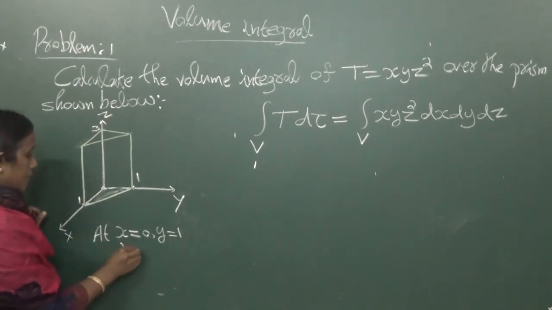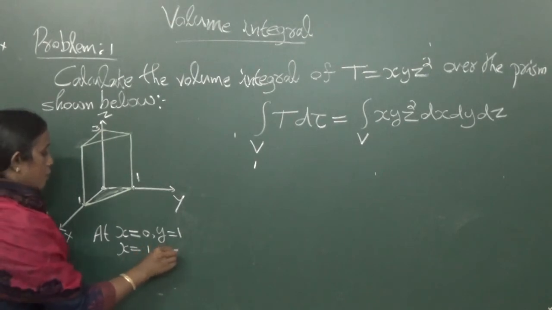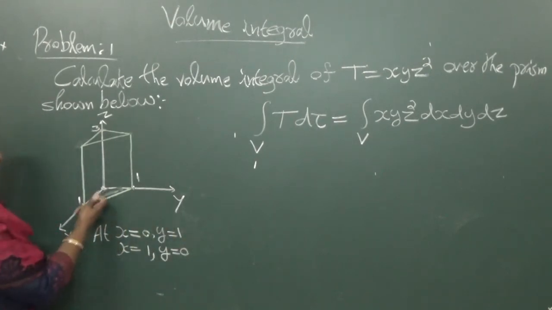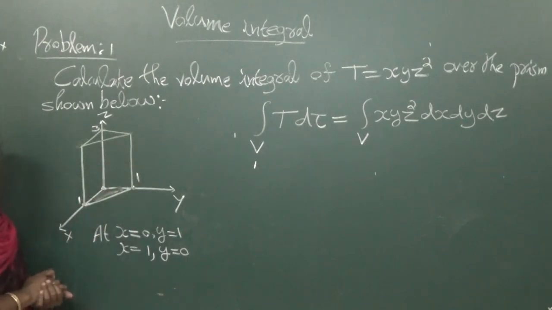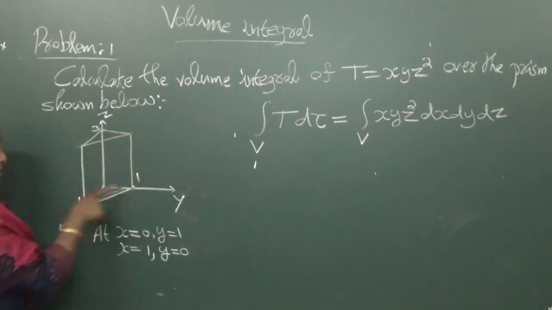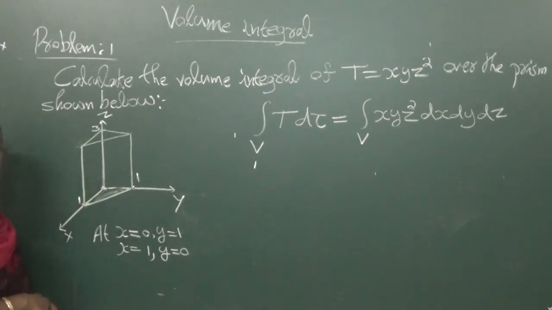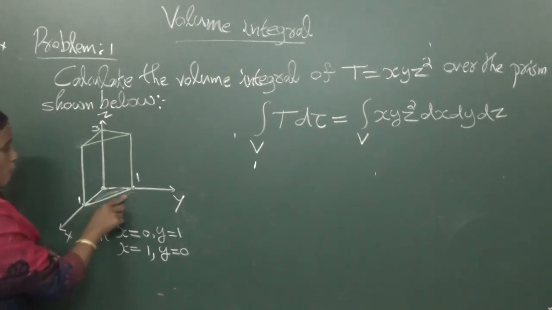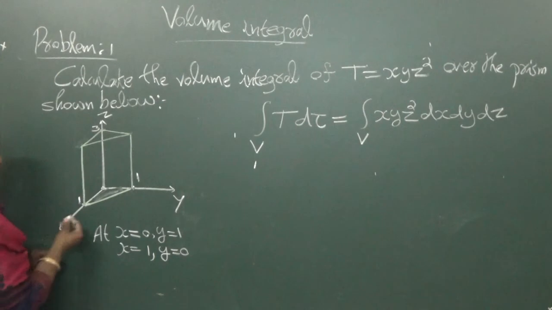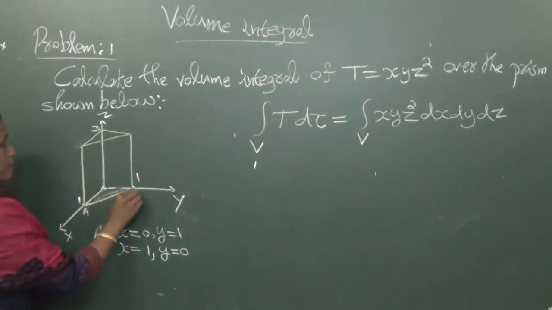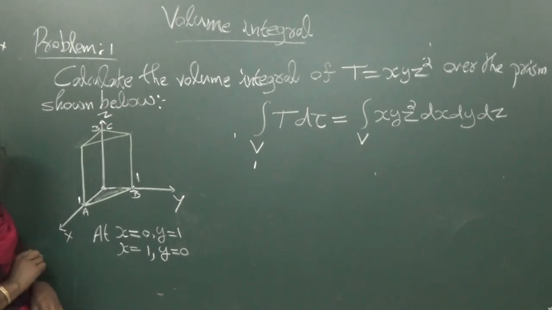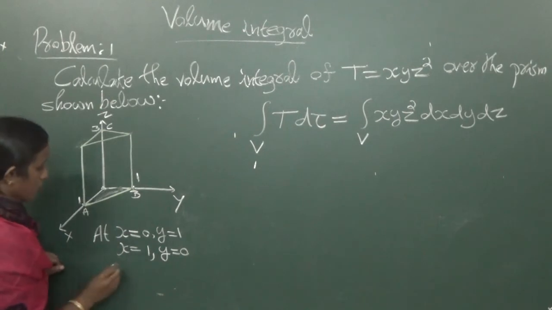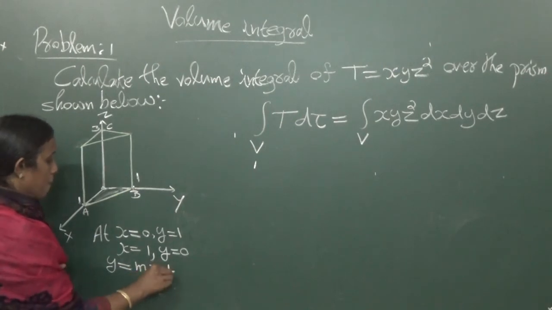From this diagram itself, you can understand that. These two points are connected through a straight line. I can write the points A, B and C, the straight line AB. Normally, you know that a straight line is represented by the equation y equal to mx plus c.